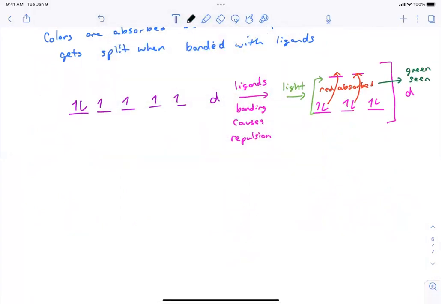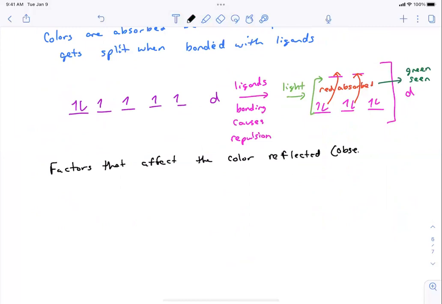One of the last things here: the factors that affect the color reflected, or observed, if you want to think of it that way.